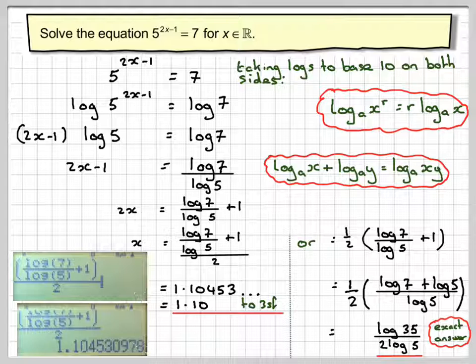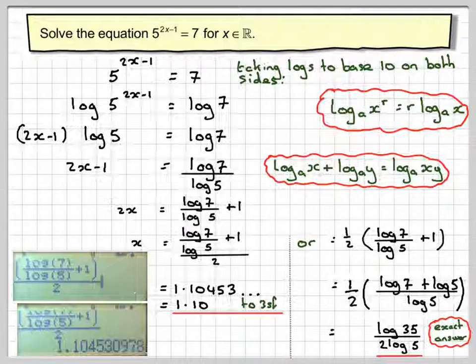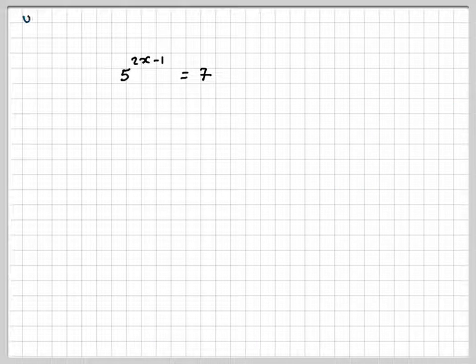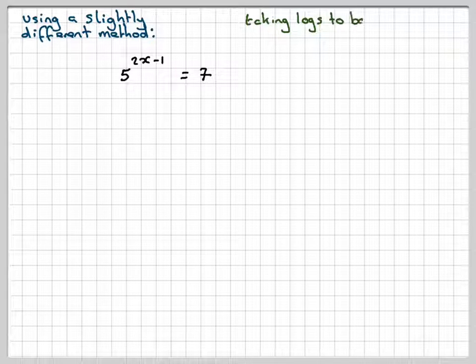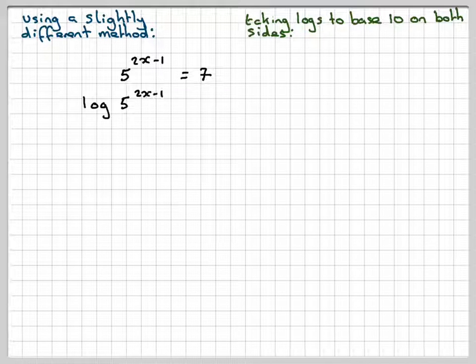Now let's go a little bit further. From this point here, doing exactly the same thing using a slightly different method. Taking logs to base 10 on both sides, like we did before. Log of 5 to the 2x minus 1 is equal to log of 7.